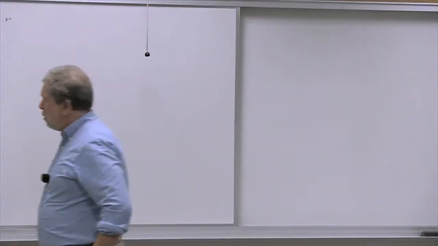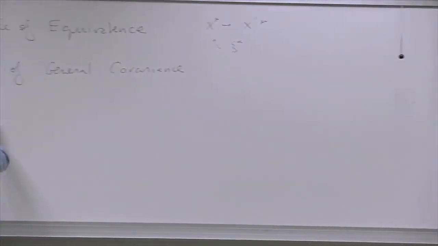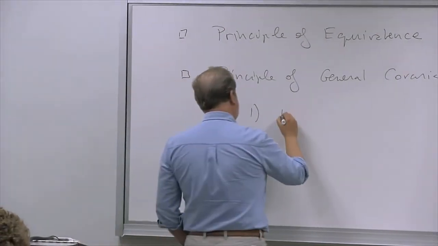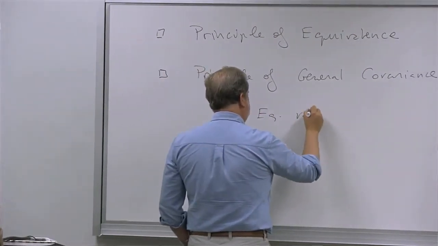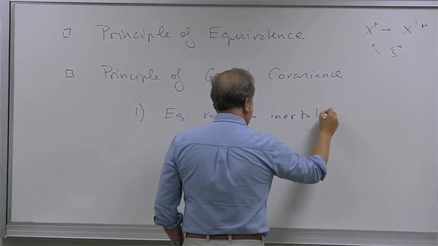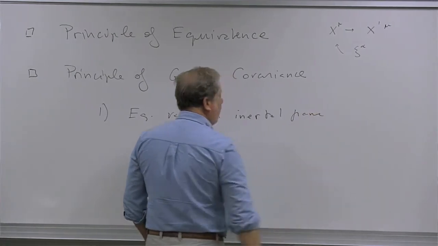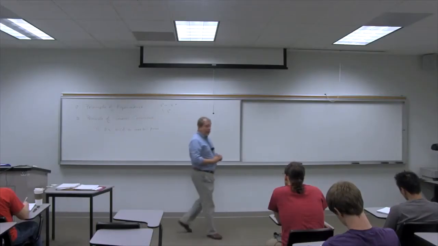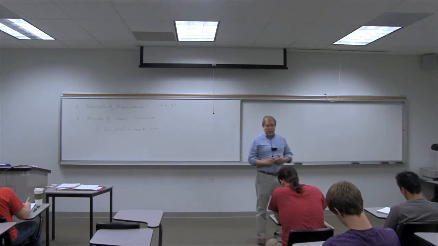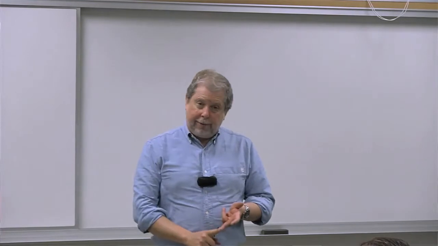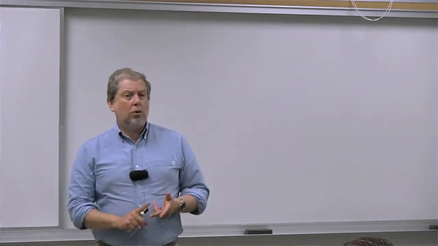And so the idea of this principle of general covariance is that you first write down an equation which is valid in an inertial frame, right? That would be the kind of equations that we wrote down at the beginning of this class when we talked about special relativity: particle motion, perfect fluid, equations of motion, and so forth.